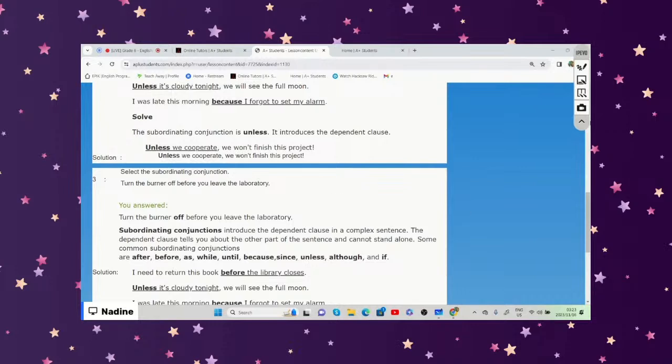So if we identify our subordinating conjunction, it will be before, right? Let me draw the circle. So before is our subordinating conjunction that introduces our dependent clause, which is before you leave the laboratory.